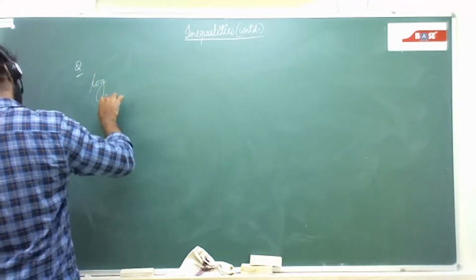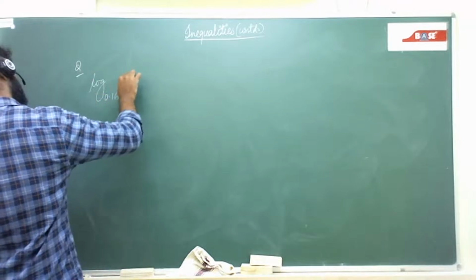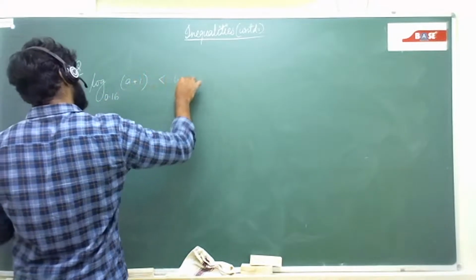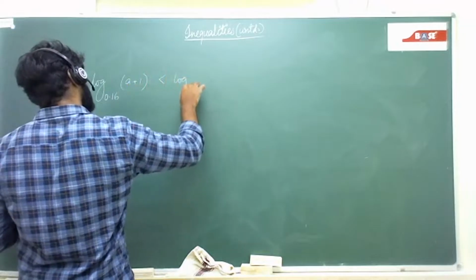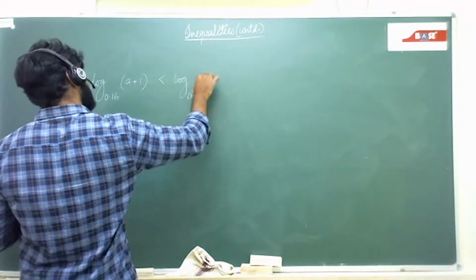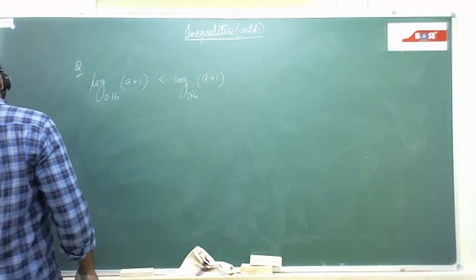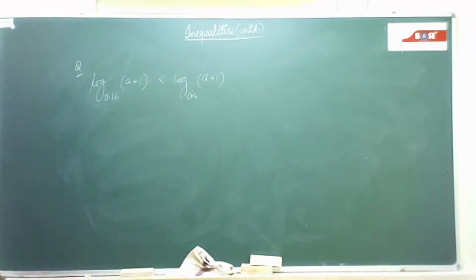log base 0.16 of (a + 1) less than log base 0.4 of (a + 1). We need the region of a here.